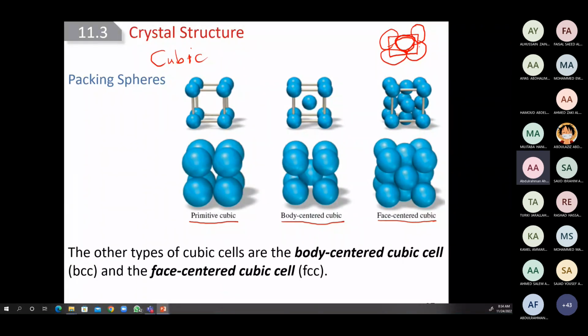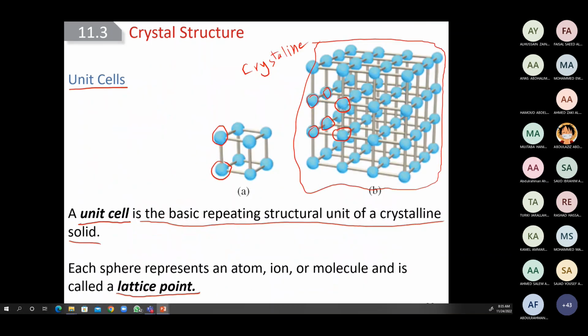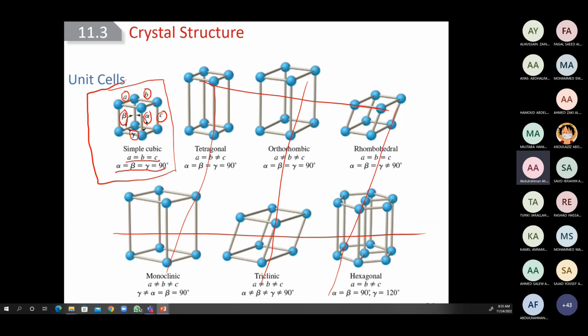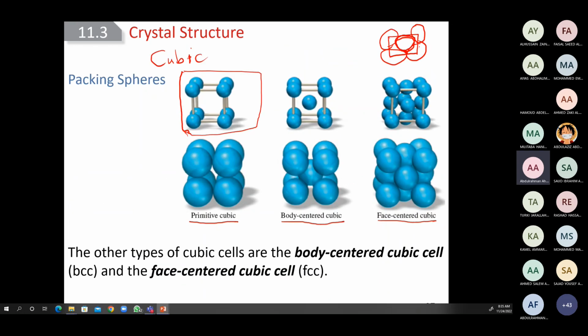How many atoms are available in this simple cubic? 4? How many atoms in this cube? 4? No, there is only one. Why? Because the cubes are touching each other everywhere. It's like this. Can you see the structure here?